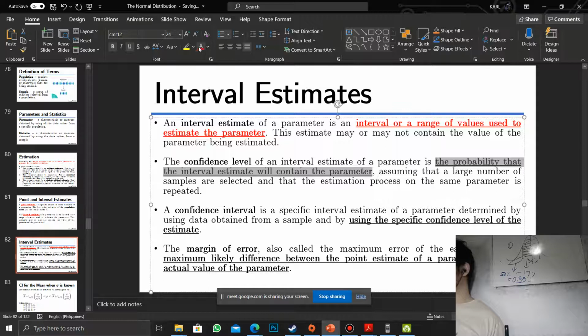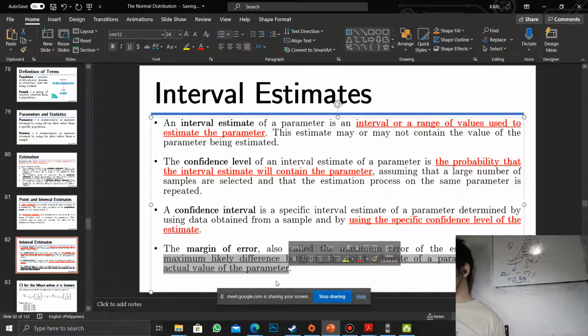The confidence interval is a specific interval estimate using the specific confidence level you'll see in a while. Margin of error is the maximum difference between the point estimate and the actual value of the parameter.